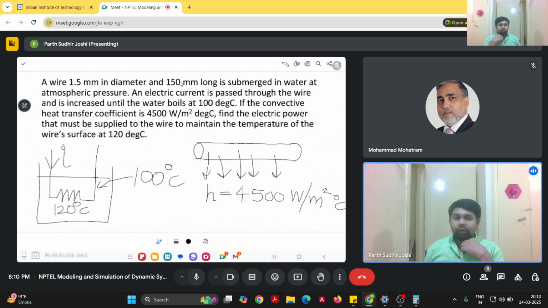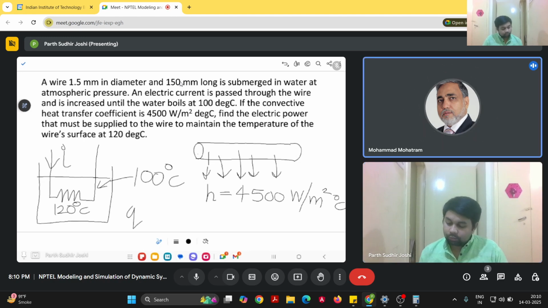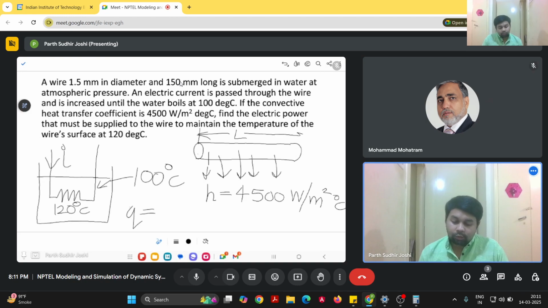Now what will be the surface area of heat transfer? It will be the total area, pi d into the length of the wire.